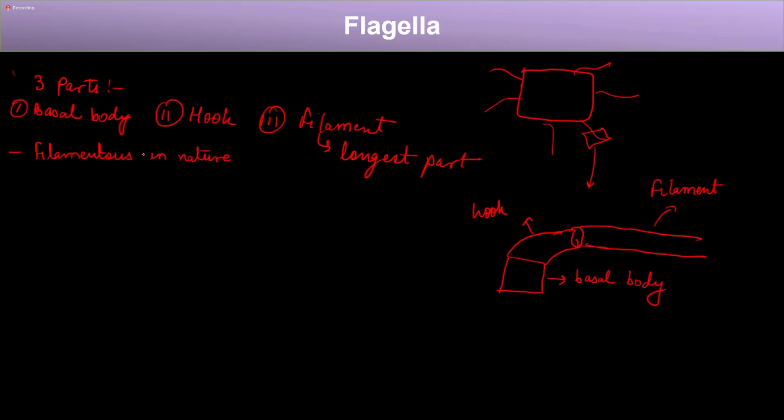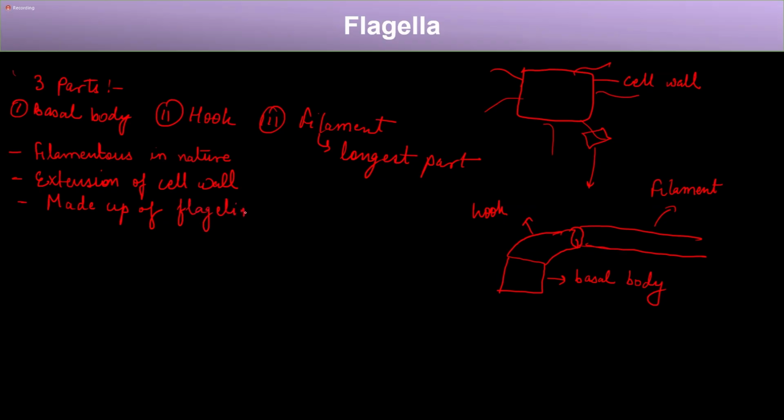The second thing you can say about flagella is that it is an extension that comes from the cell wall. This is the cell wall, and the flagella comes out of the cell wall. Hence, it is called an extension of the cell wall. Third, it is made up of a special type of protein called flagellin.